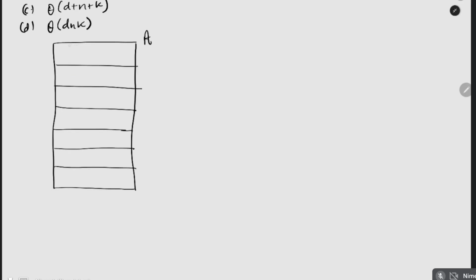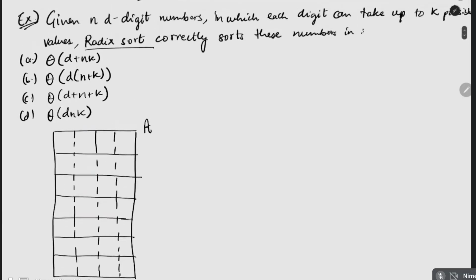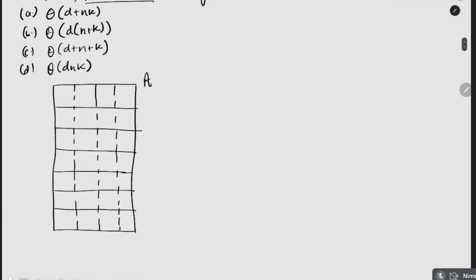And then we divide each number, like we divide all the numbers into digits, right? So these are n numbers divided into d digits.